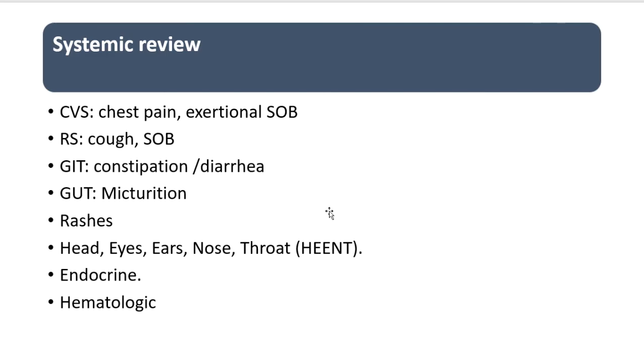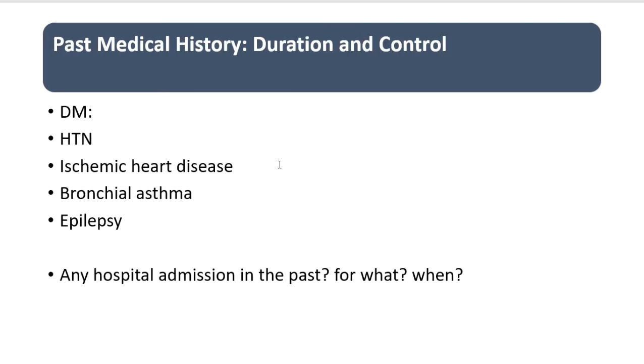Likewise you can ask about delusions, hallucinations, and mood. This is called systemic review. You have to ask about every system, and then you will not miss anything, right? Good.